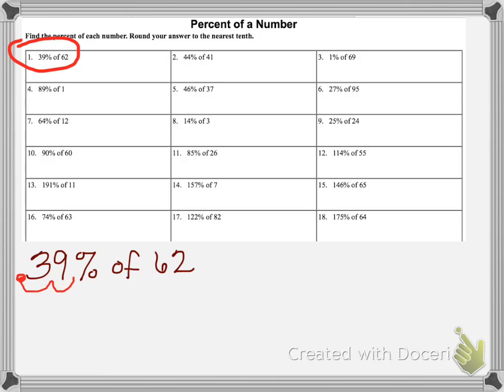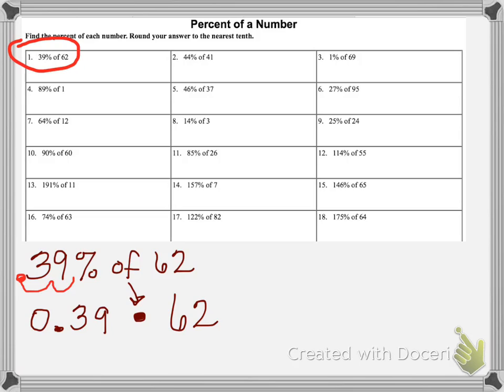So that means that 39% is actually 0.39. The word "of," remember, means multiply. And then you have your 62. So over here, I'm going to do the math of 39 hundredths times 62.